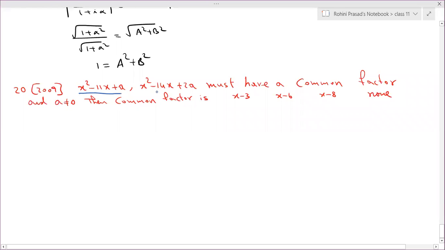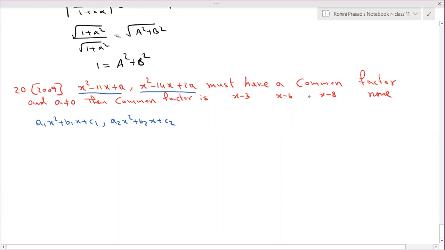They told that these two are having a common factor. We have a condition for two equations to have a common factor. So a1x square plus b1x plus c1 equal to 0, and a2x square plus b2x plus c2 equal to 0.